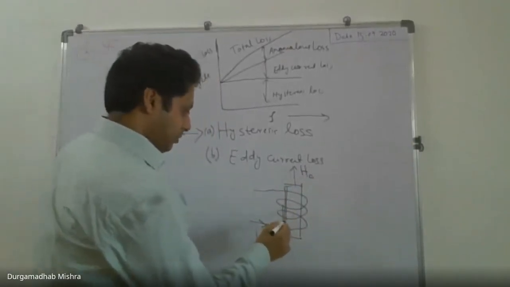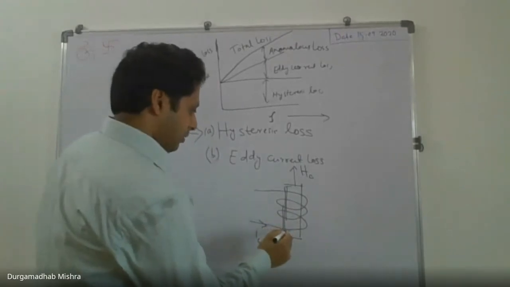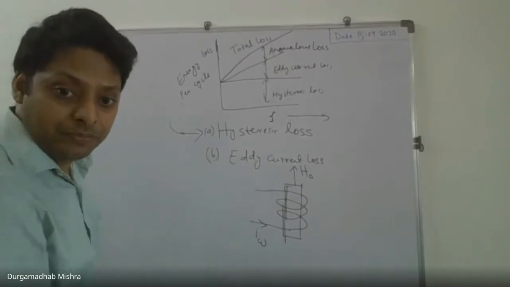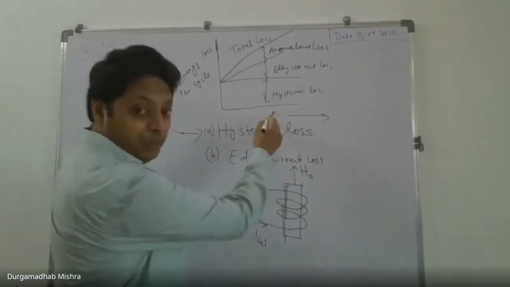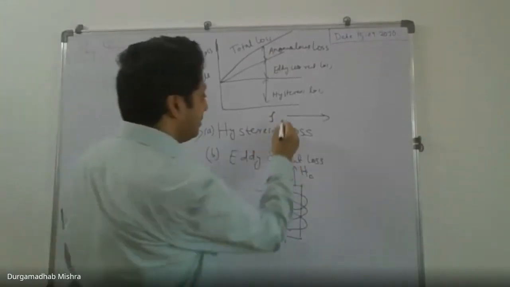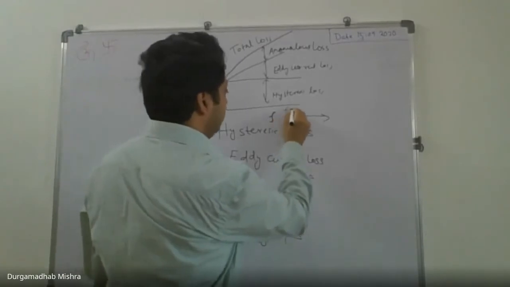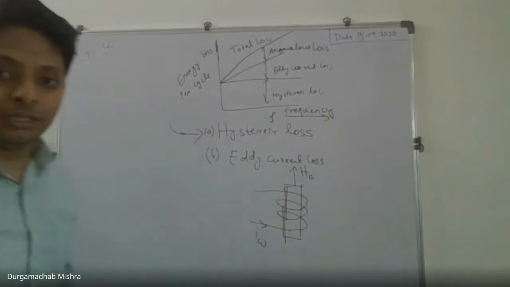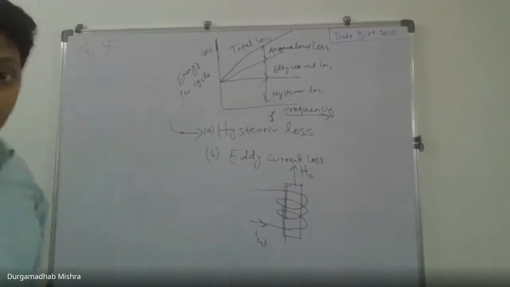And due to the changing field, so this is frequency on the x-axis, the frequency of the applied power source.